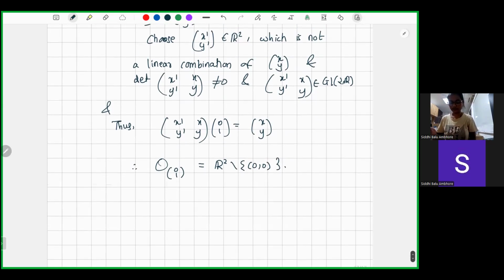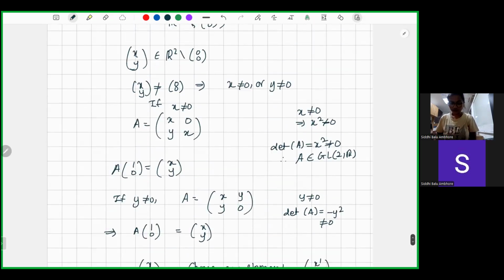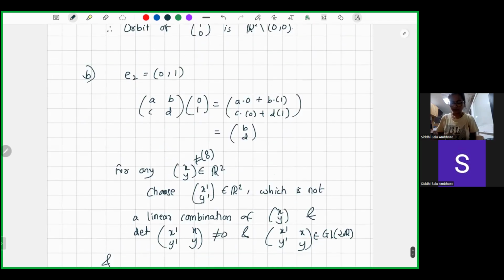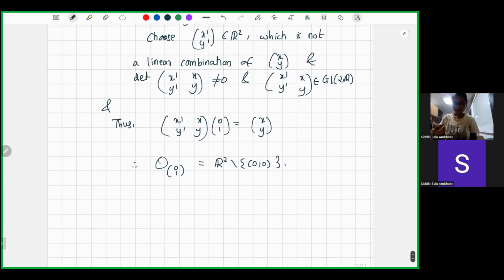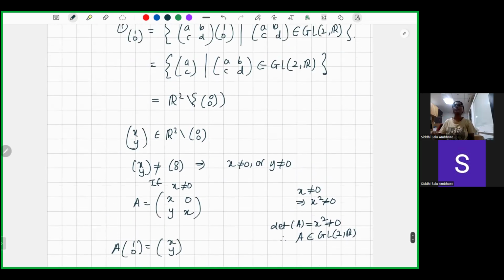And if you have any doubt related to this, please write it in the discussion forum, and we will try to answer those. Now we just saw this for two elements, 1, 0 and 0, 1.